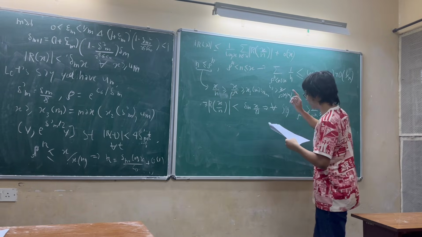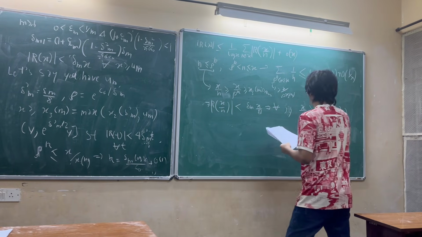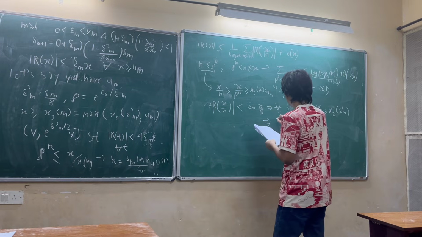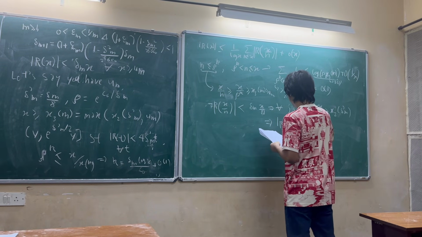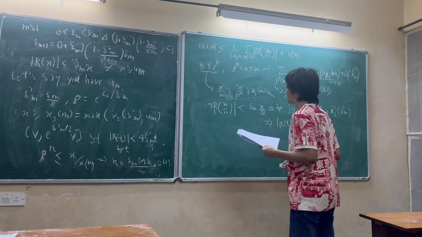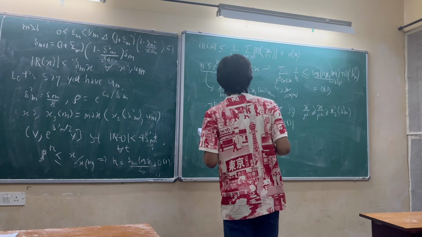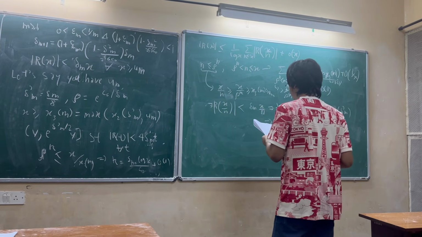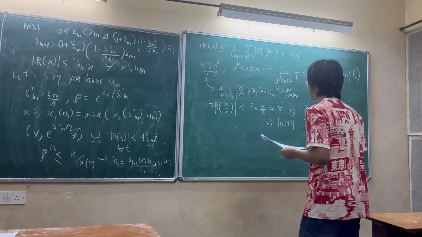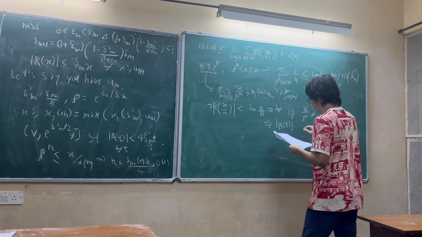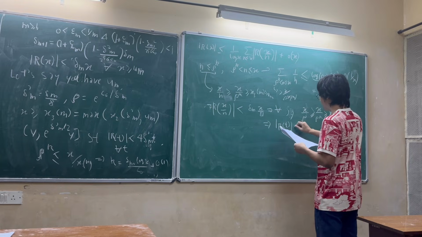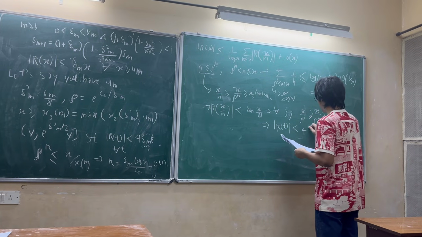By definition of x3 of m, you can see that this is true. So you can basically write that mod of r of t. So there exists a subinterval for every interval x by rho to the power j to x by rho to the power j minus 1, such that for any t belonging to that subinterval, this inequality holds true.